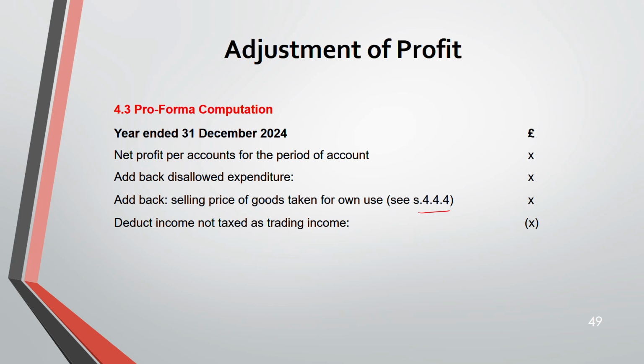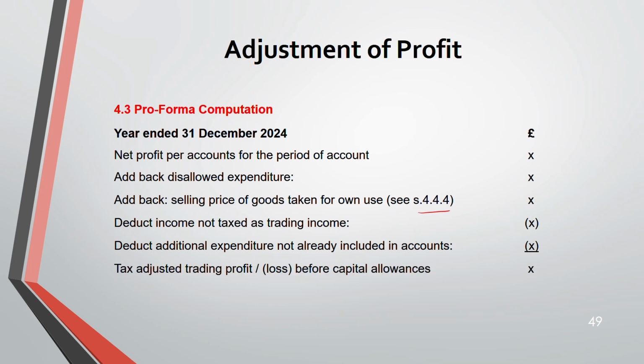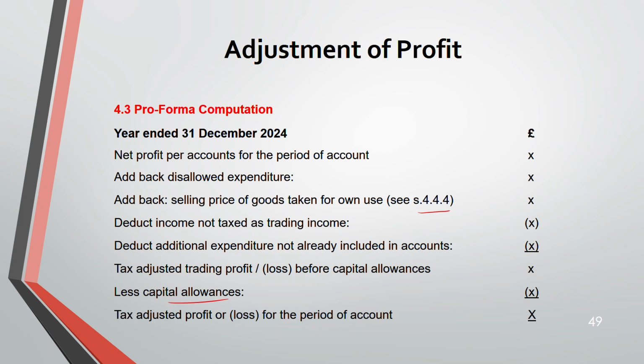Deduct income not taxed as trading income. Deduct additional expenditure not already included. Before capital allowance, you get tax adjusted trading profit or loss. Then deduct capital allowance, which you also have to calculate. Then you get your tax adjusted profit or loss for the period of account. Remember, all the proformas, these small proformas, you need to memorize.